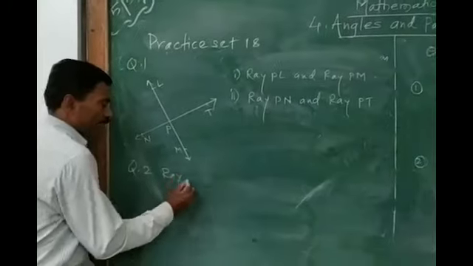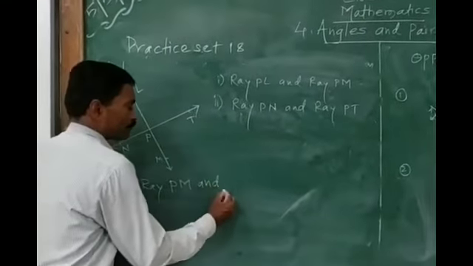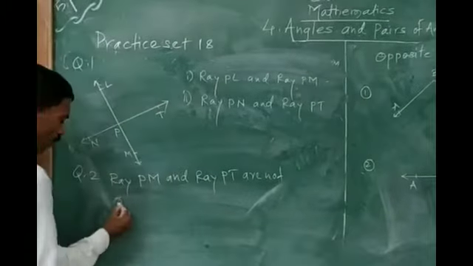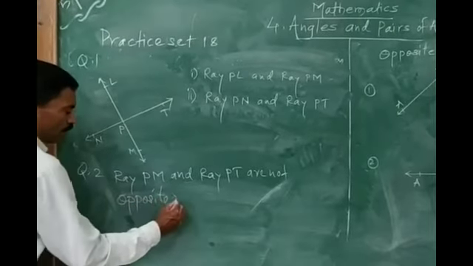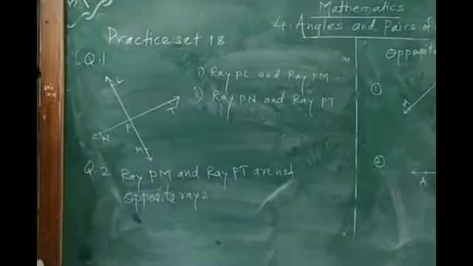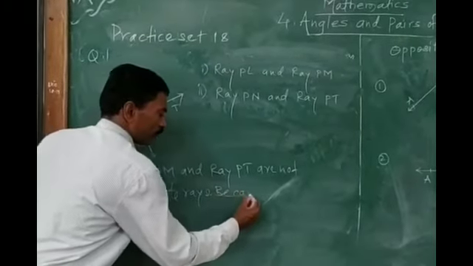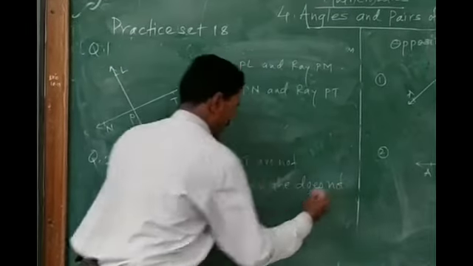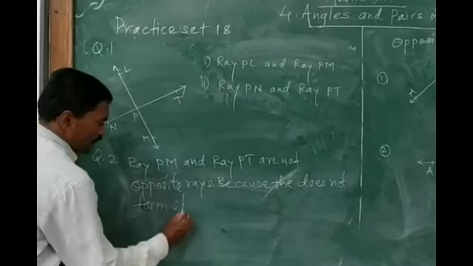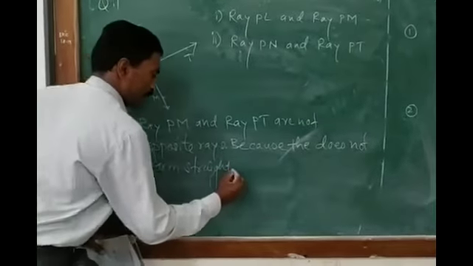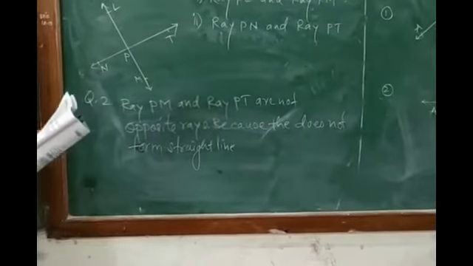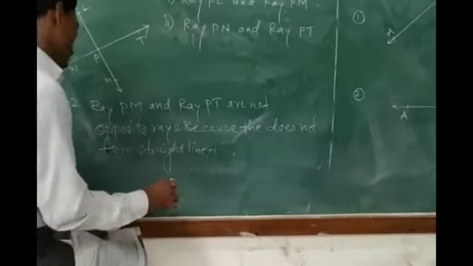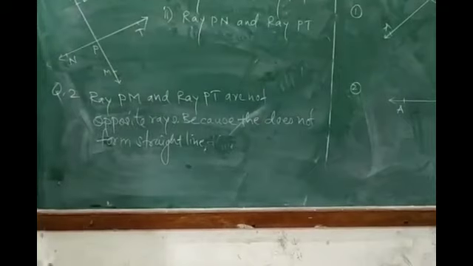Then we can write ray PM and ray PT are not opposite rays, because they do not form a straight line.